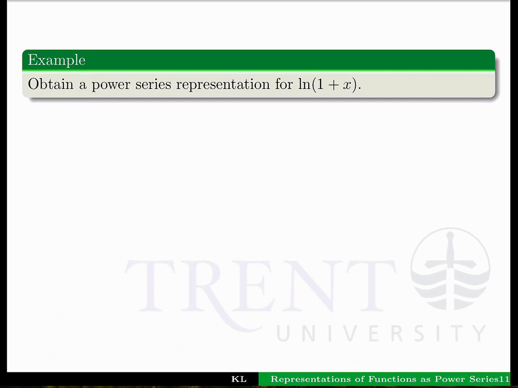So far, we have ln of 1 plus x equals the sum of negative 1 to the n, x to the n plus 1 over n plus 1, from 0 to plus infinity, plus c.